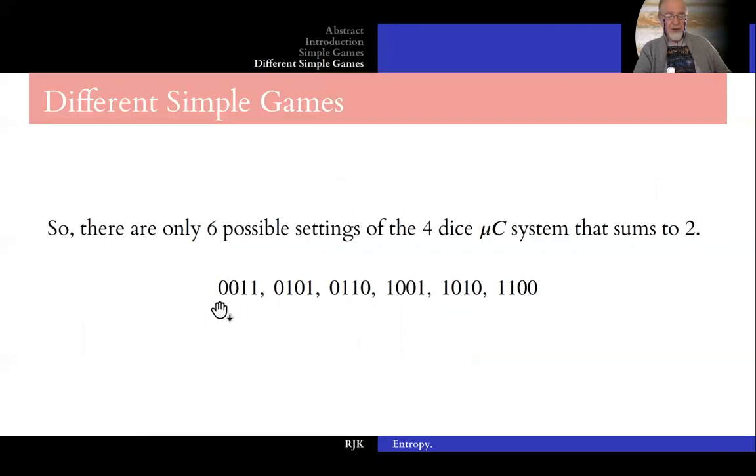You could have the first a 0, the second a 0, the third a 1, and the fourth a 1, or the first a 0, the second a 1, the third a 0, the fourth a 1, first a 0, second a 1, third a 1, then a 0. You could have the first a 1, second a 0, and so on. So there are 5 possible ways, I obviously, no, 6. I had it right. Sorry. Okay, 6 of these.